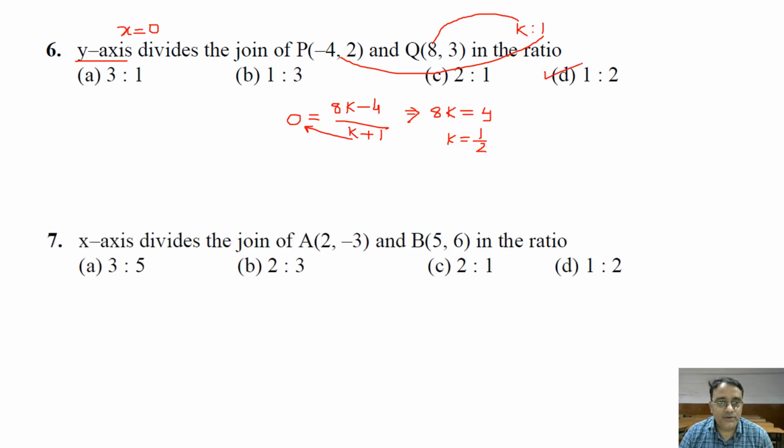So now we are moving toward question number 7. The x-axis divides the join of A and B in the ratio. And we know that on the x-axis y is equal to 0.